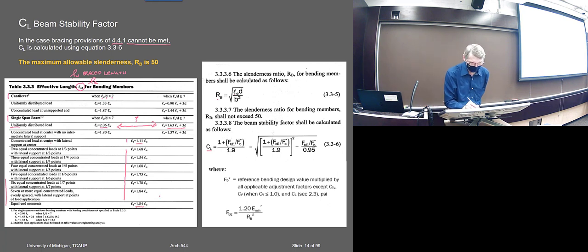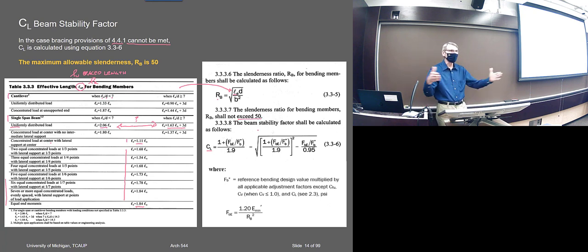Now, once I get that LE, that's the length I use in considering the slenderness ratio, right? So that formula is simply the square root of LE times D over B squared. And that slenderness cannot exceed 50. Can't be any more than 50.